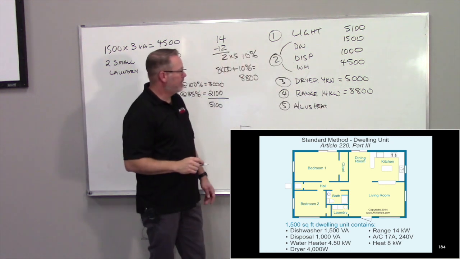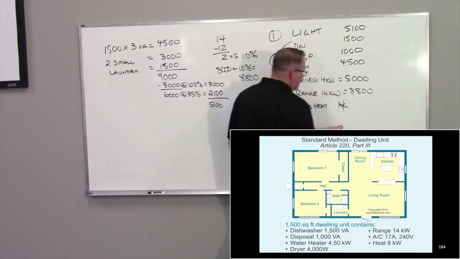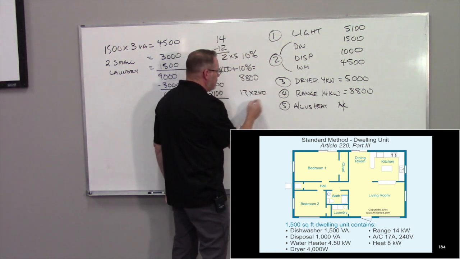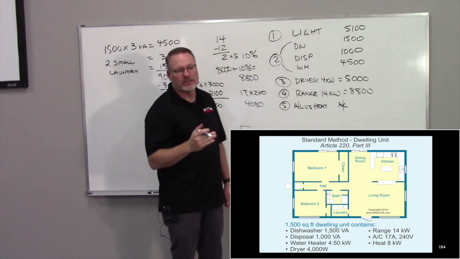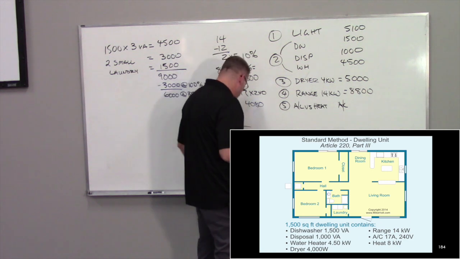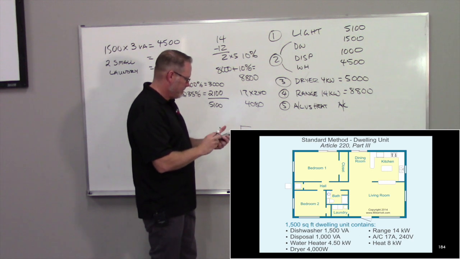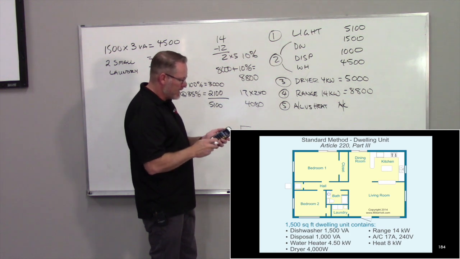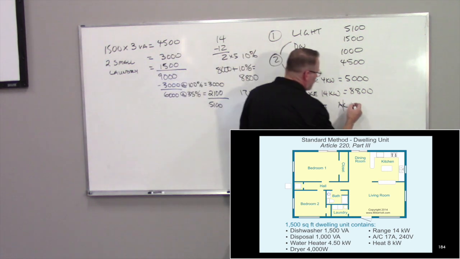So our AC is going to be 17 times 240, that's 4,080, and I don't see any other motors, so we have to assume that's the largest motor in there, so we're going to do a 25% increase to that. Let me double check my math on that. 17 times 240 is 4,080, and at 125% that's going to be 5,100 on the AC.